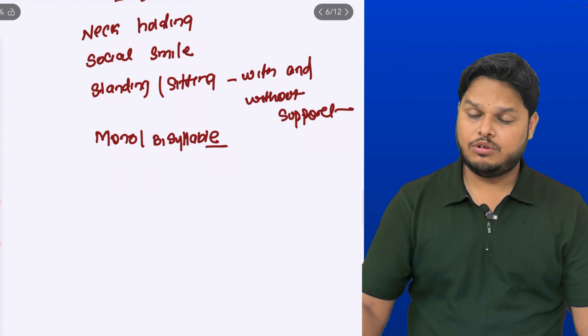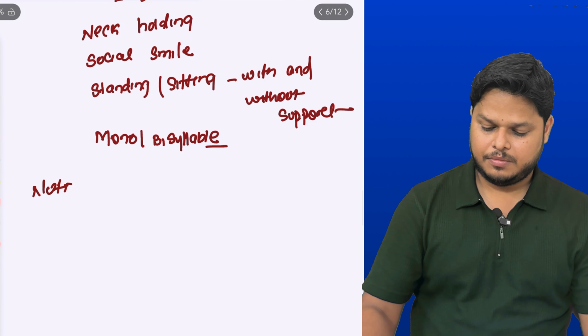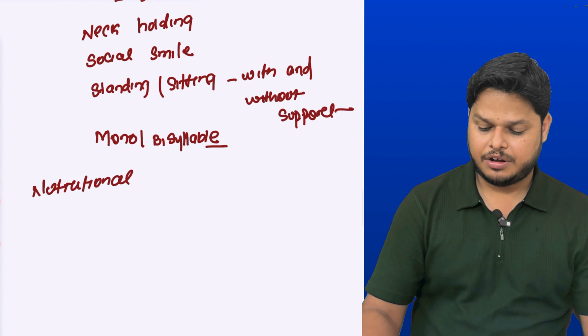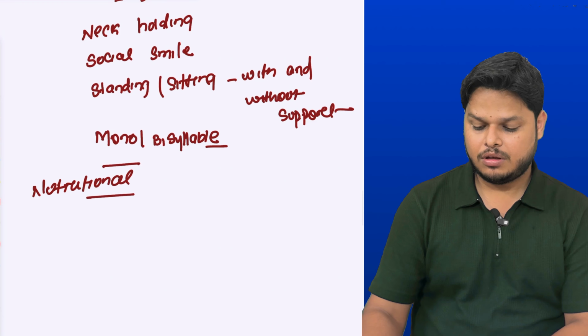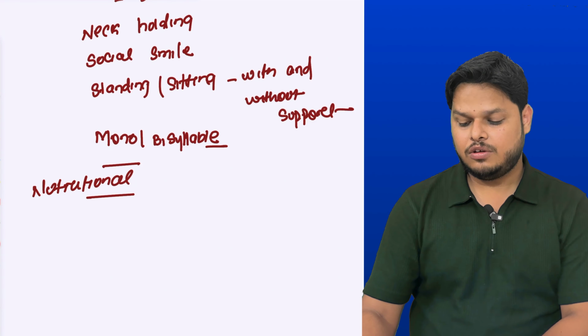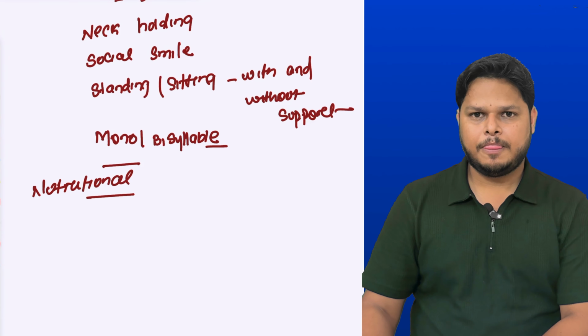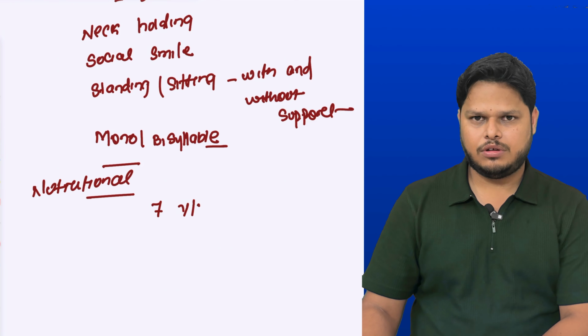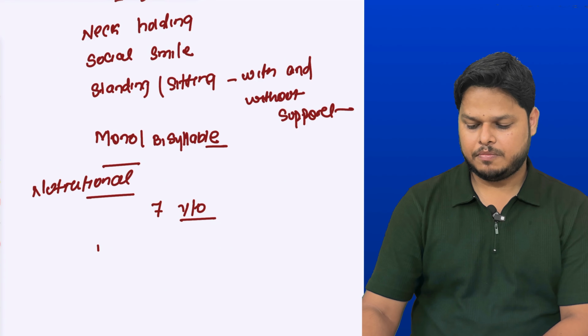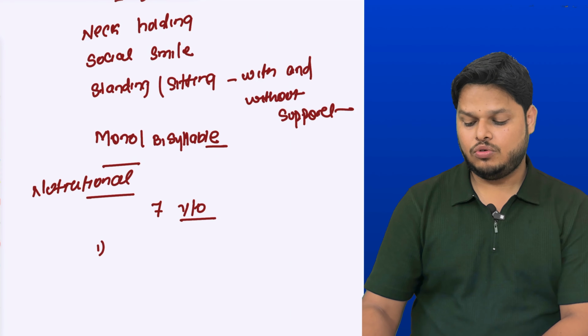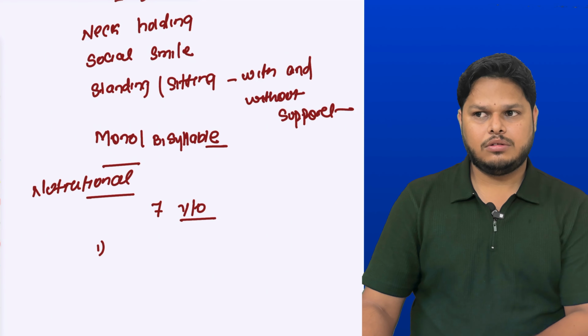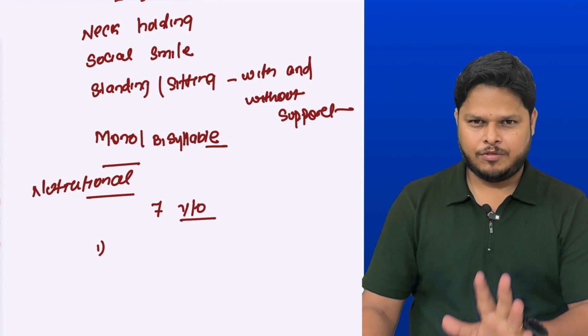Now we come to nutritional history. Right? In nutritional history, we start taking history right from birth till today. Let's say the child is 7 years old. So first we start, when was the child breastfed for the first time?